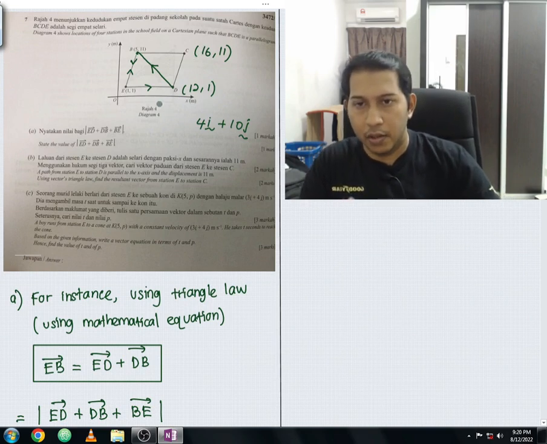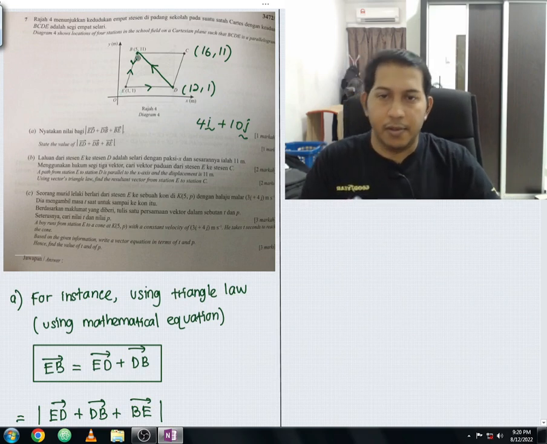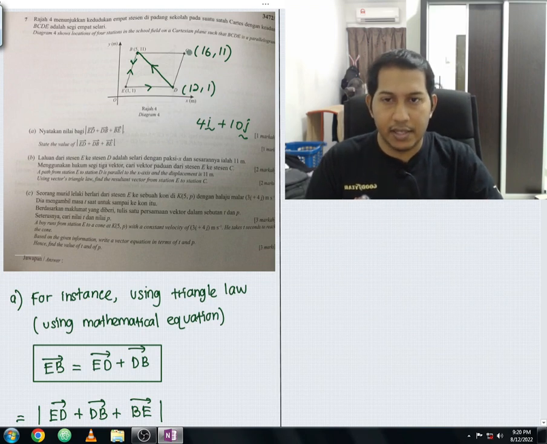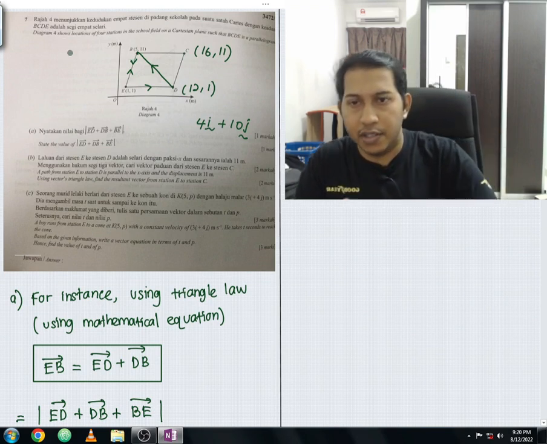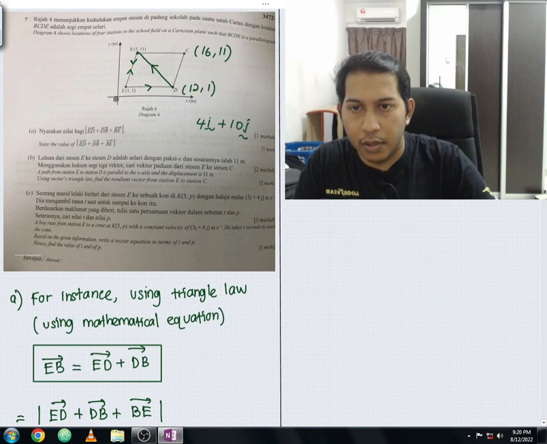From here, vector EB, similar concept to DC, we need to find the difference between these two. Start with the x: 5 minus 1 will be 4, 11 minus 1 is 10, so vector EB will be 4i plus 10j.